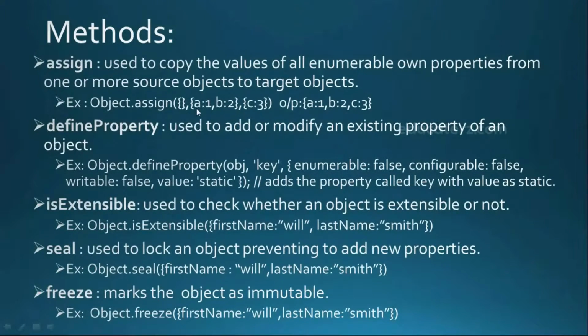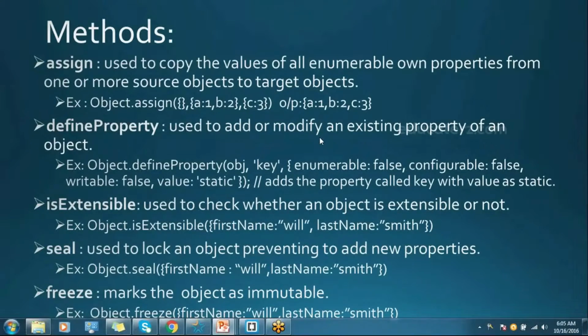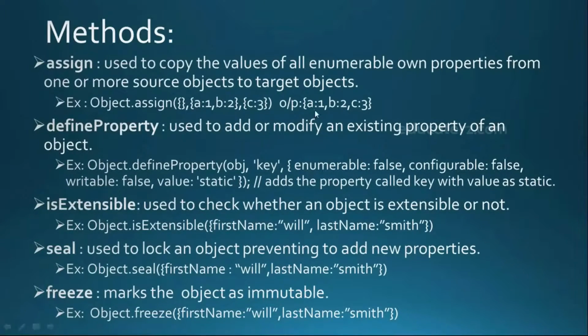Here I have an object with properties A and B, and another object with a property C. So I want to create an object by merging the existing objects. For that I can use this assign method, which creates a new copy. So the output will be A1, B2 and C3, which is a merge of the two existing objects.